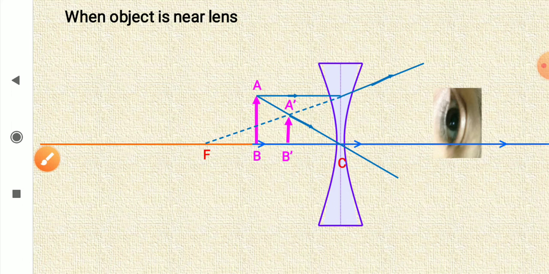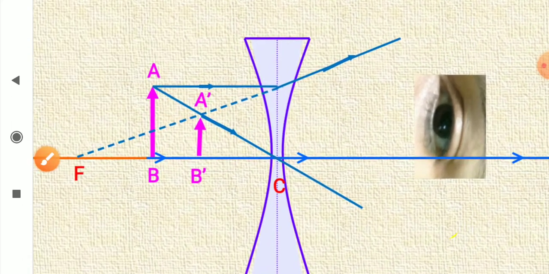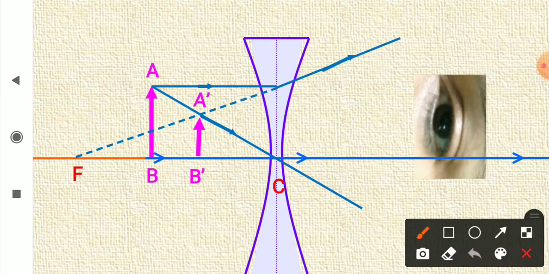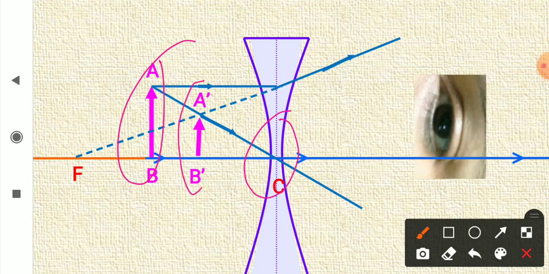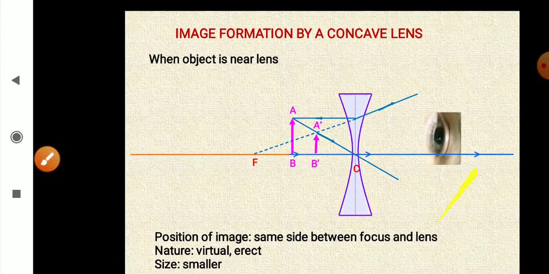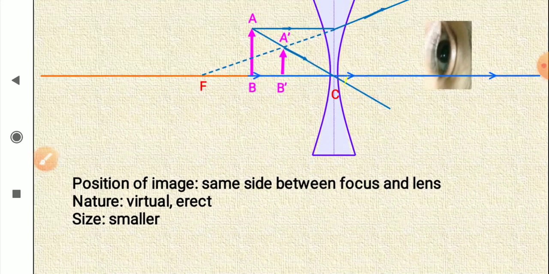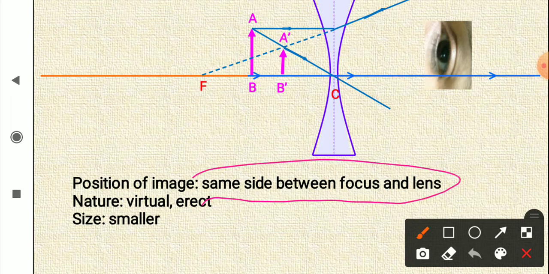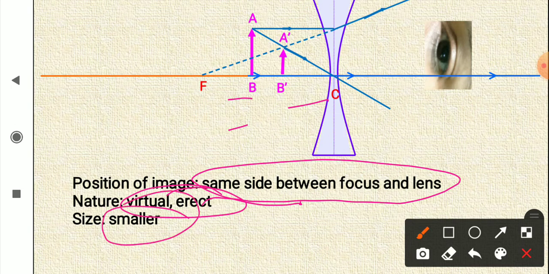In this way, a virtual image is formed between the object and the lens, and it is smaller in size. So virtual, erect and smaller. Position: same side, between the focus and the lens, rather between the object and the lens, and it is virtual, erect and smaller.